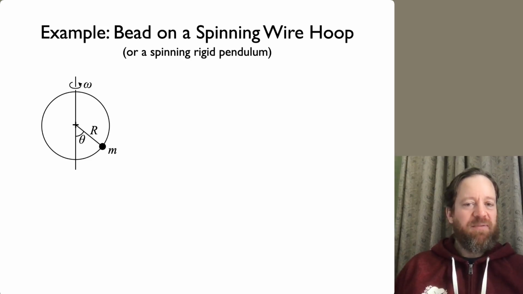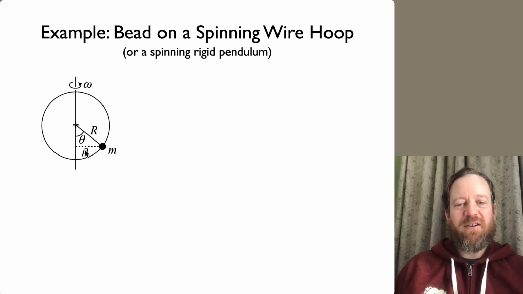We will also be very interested to know the distance that the mass m is from the vertical line, projected there. In other words, we'll be interested in the parameter rho that I've just drawn on the page.